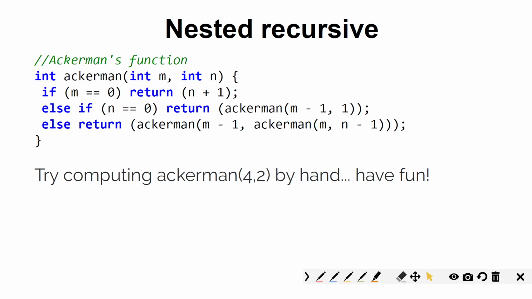And yeah, if you would like to have more fun, try to calculate this function using your paper and write down the function output. Because when you have this Ackermann function, you have m and n. If m equals 0, you're returning n plus 1.